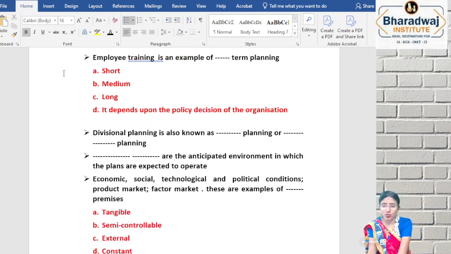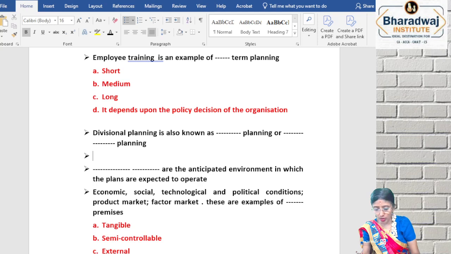Division planning is also known as dash planning or dash planning. Remember, there are alternative names. Whenever alternative names are there, you have to study it. They'll ask you. Shall I give you options for this? Because non-technical one, you will be able to answer.